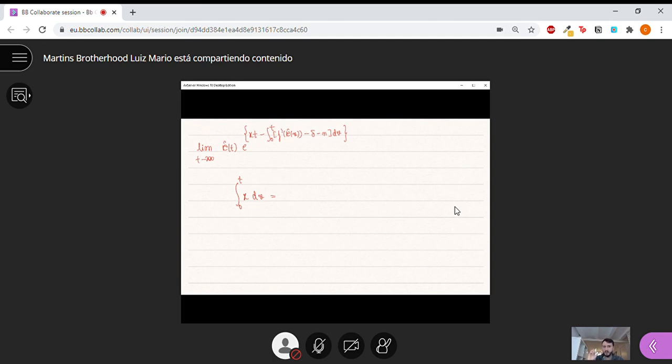But since we are doing a definite integral, we don't need to plug in the constants. So we can write it like this, xv, that's the antiderivative. And then we evaluate at the upper limit minus at the lower limit. So it is xt minus x times 0, which is xt.